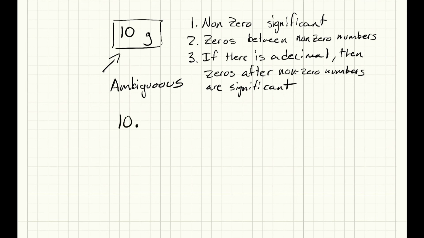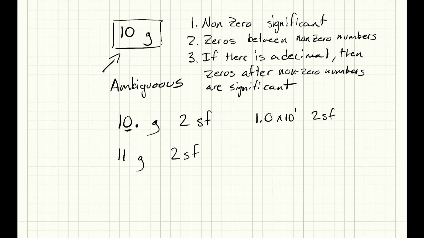So if this is 10. grams, now we have 2 sig figs. If we have 11 grams, that's also 2 sig figs. But this 0, we do not know if it is significant or not. If you want to write it another way, you could write 1.0 times 10 to the 1.